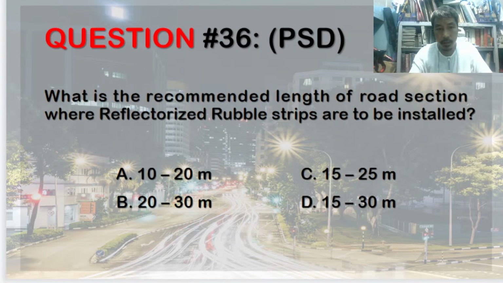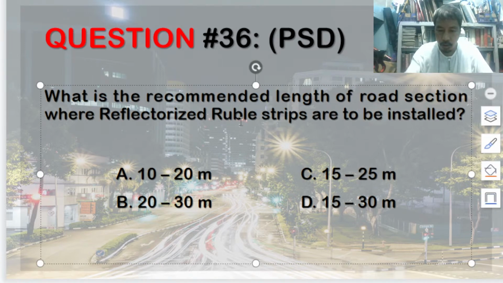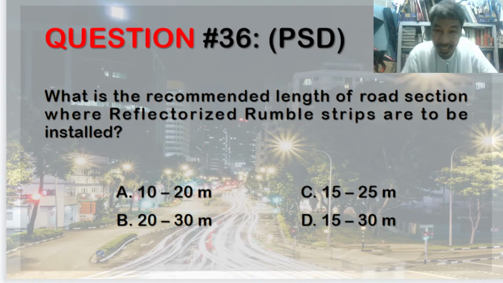So next, number 36. What is the recommended length of road section where reflectorized rumble strips are to be installed? Okay.